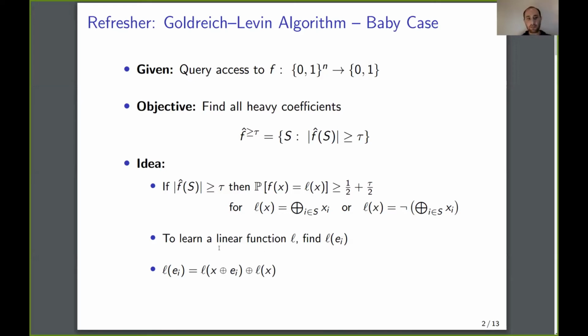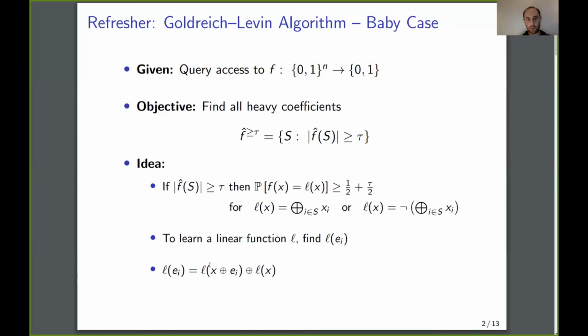Furthermore, the value of L on a member of the standard basis satisfies this equality: for any x in the domain different from ei, we have that L of x plus ei plus L of x is just L of ei. And that's actually true also if ei is not a member of the standard basis. This is how we're going to be applying it.